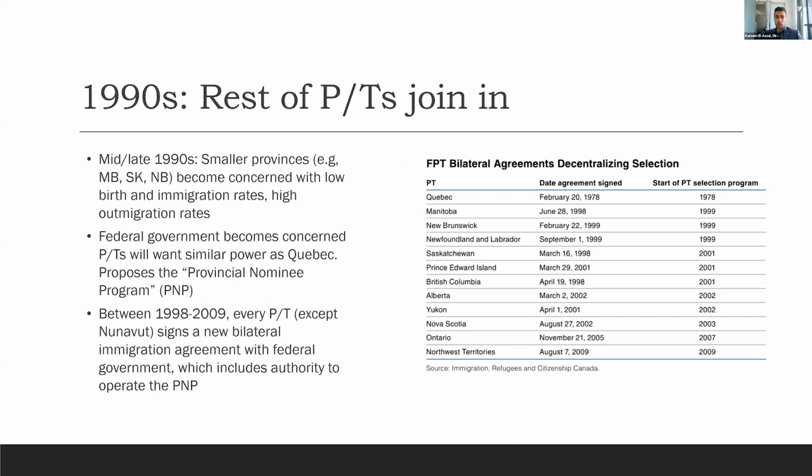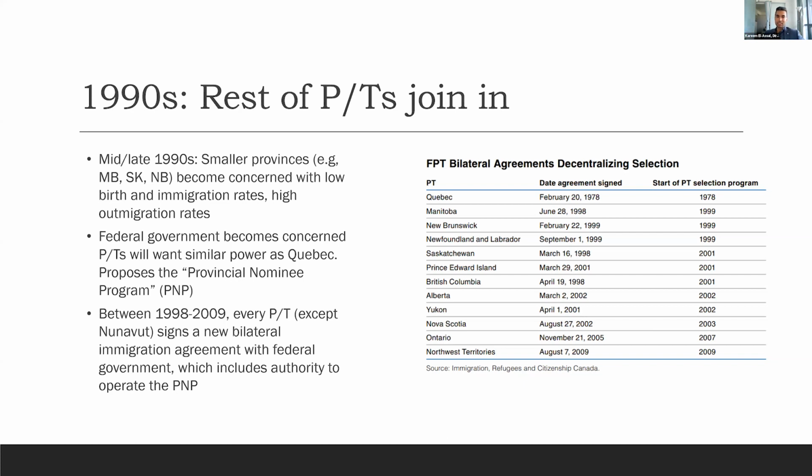Now, if we fast forward to more recent times in the 1990s, what I just described in Quebec was the sentiment experienced in smaller provinces across Canada in the mid-1990s. Interestingly, Manitoba was one of the pioneers in terms of provincial involvement in immigration at this time.